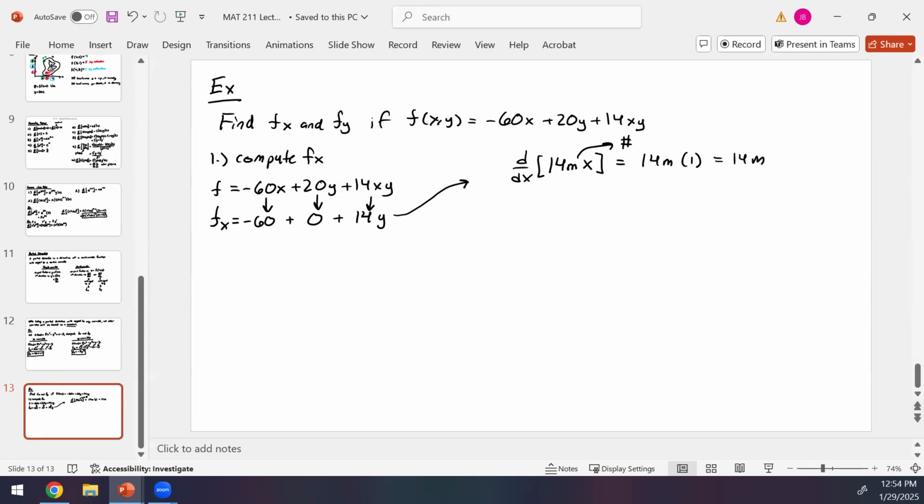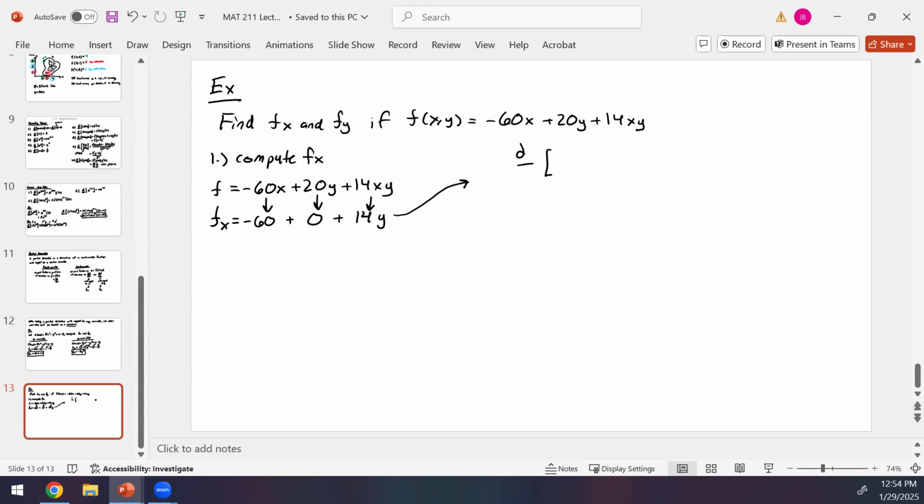So that's the tricky part: I have to train my brain to basically ignore that letter in this moment and realize that, hey, it's actually just a number, right? And so just for future reference, we can tell ourselves that by writing this down. The derivative with respect to x, right? And I guess I should use the partial notation.